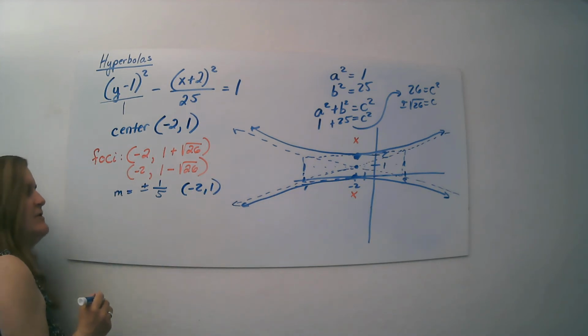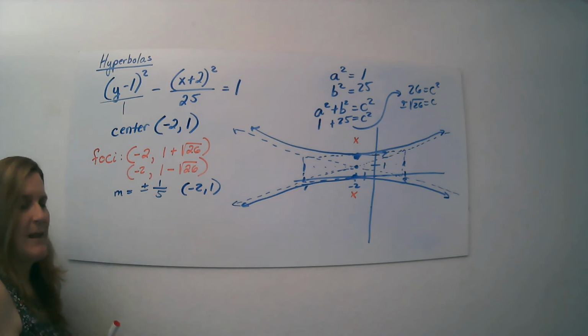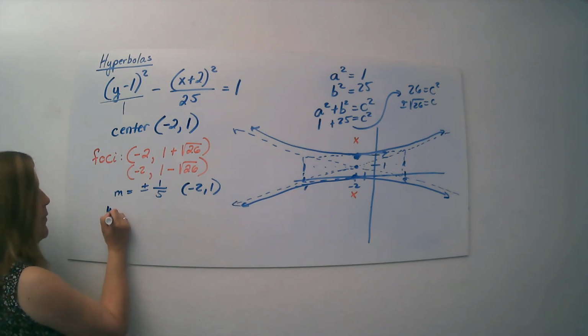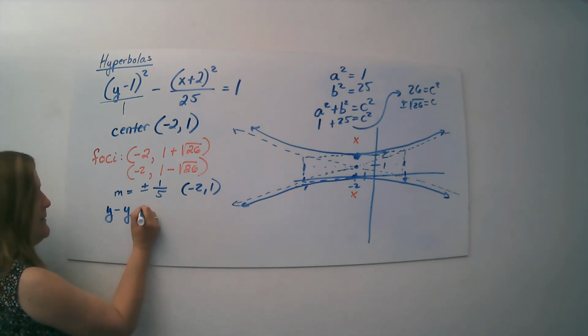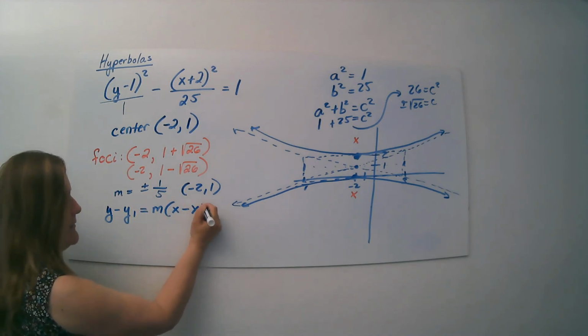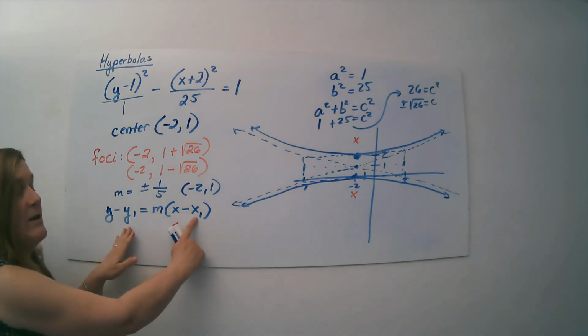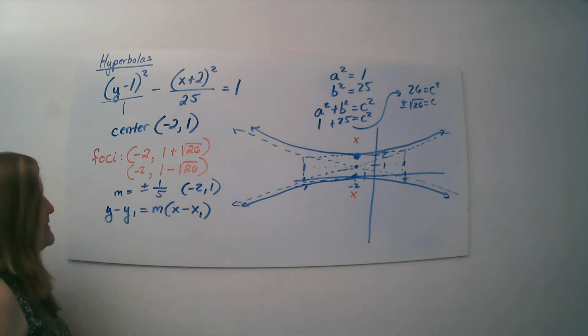So I'm going to use my point slope form of the equation of the line. Let me remind you that's y minus y1 equals m times x minus x1, where x1, y1 is any point on the line and m is the slope.